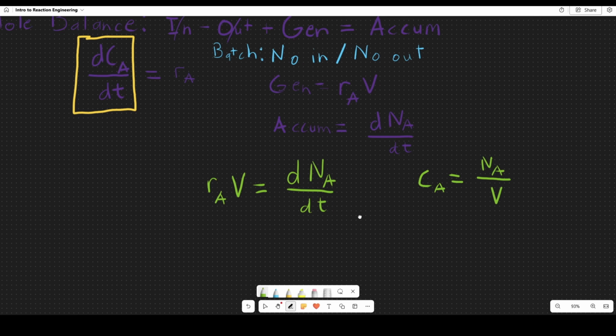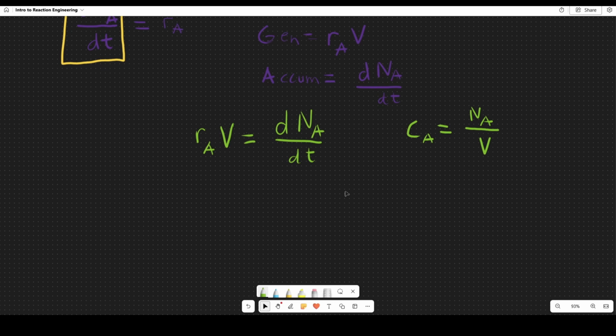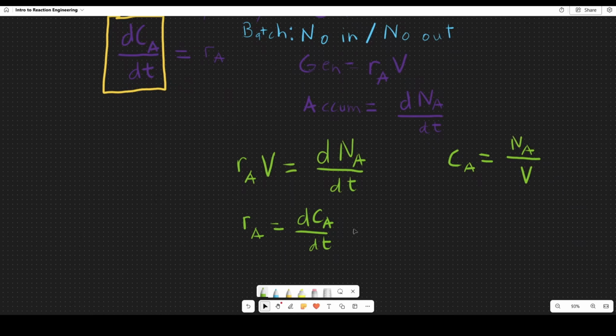So if we divide both sides by volume, we get R sub A is equivalent to dCA by dt, and that is exactly what we have up here.